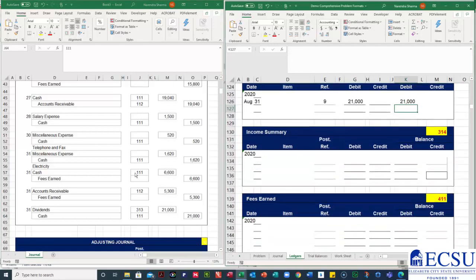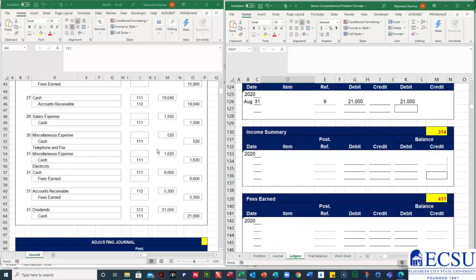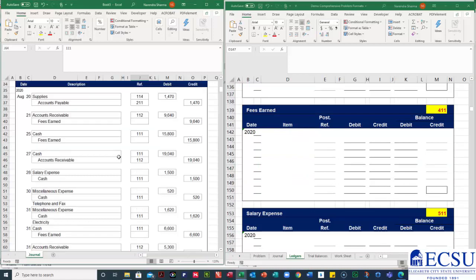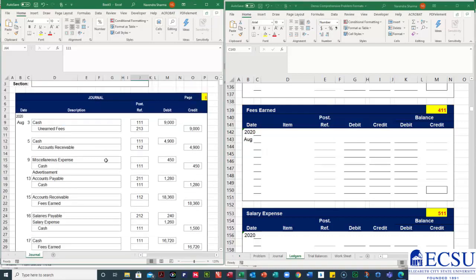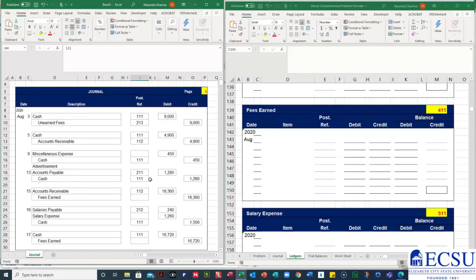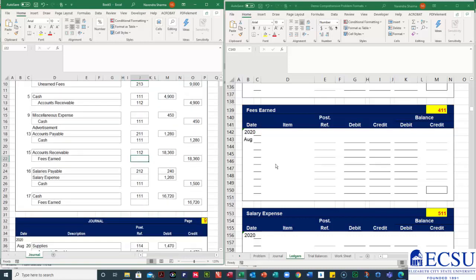Let's look for income summary. It's not applicable now. Fees earned. Yes, there are a lot of fees earned accounts. So let's start. Okay, let's write August and fees earned. This is unearned fees, it's not that. Miscellaneous, no, we are not doing that. Here, the 15th, so that's 411.